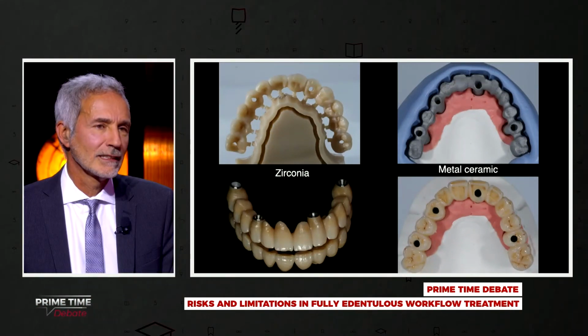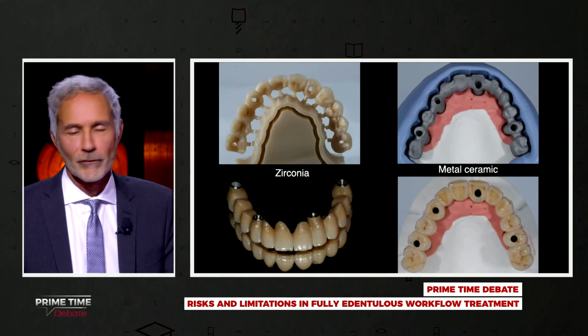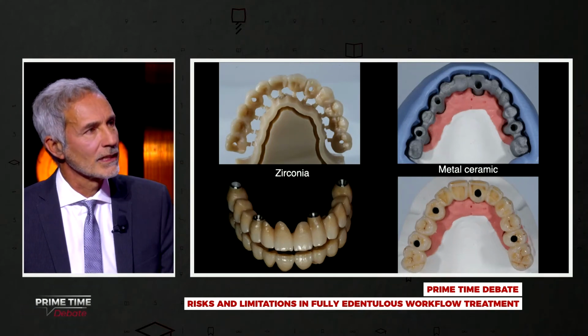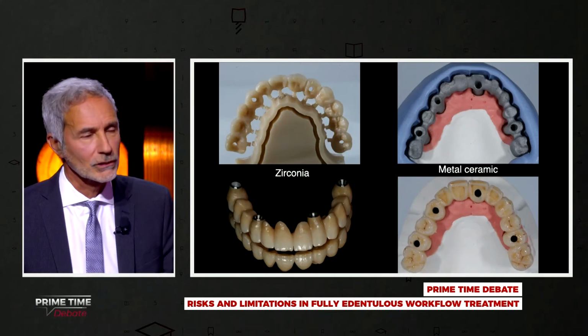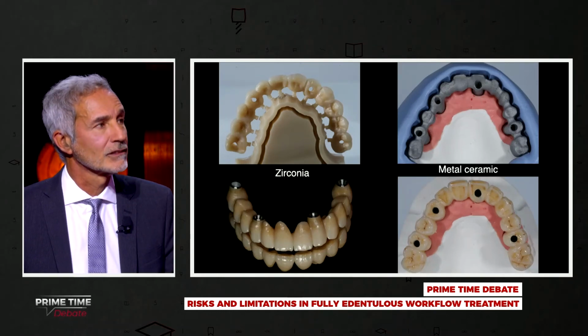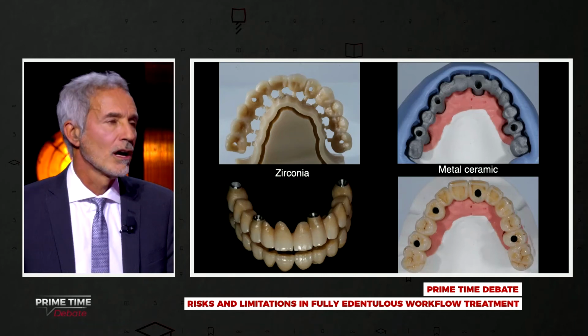I think the best reply is there is no ideal material that is okay for every case. For instance, in a case with a cantilever, my choice is a metal framework in order to support the load. If I don't have any cantilever, I can move toward the zirconia bridge.